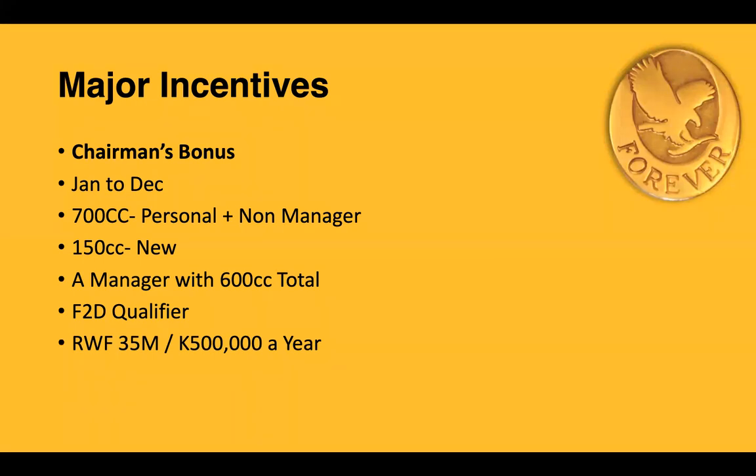And if I put it in kwacha, about 5 million kwacha, if you qualify for Chairman's Bonus level 3. That's big money. And that's why we say Chairman's Bonus is the ultimate incentive. At the end of the day, what you want to achieve is Chairman's Bonus level 3.